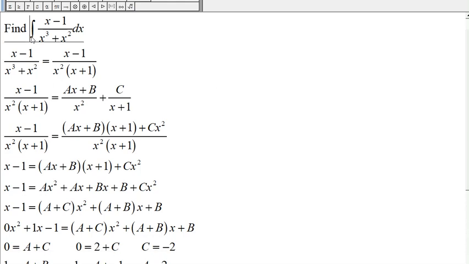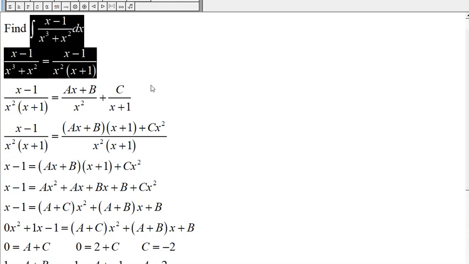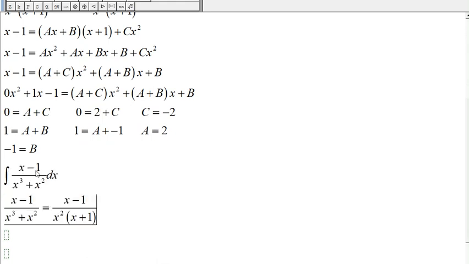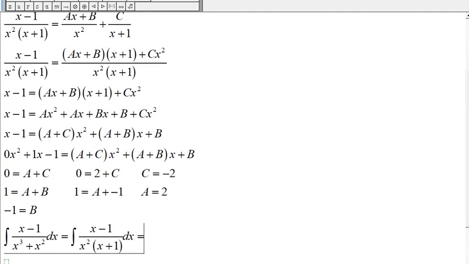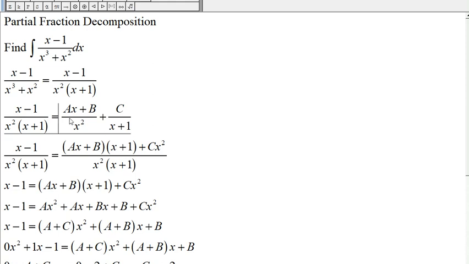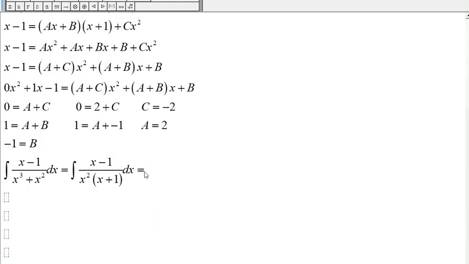And so now the integral becomes this. For A, we have 2, and then B, we have negative 1, and then C is negative 2.